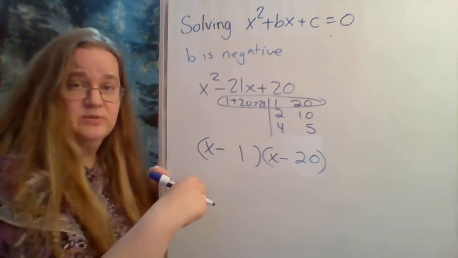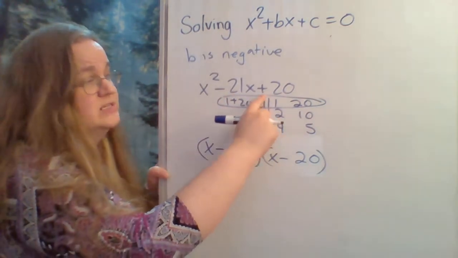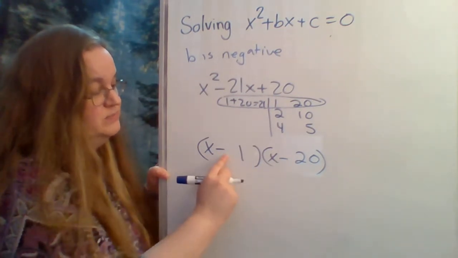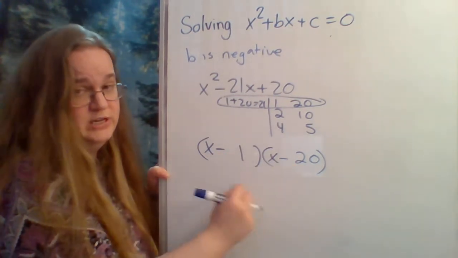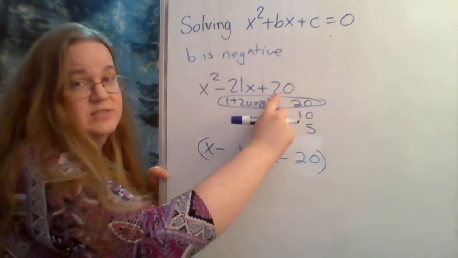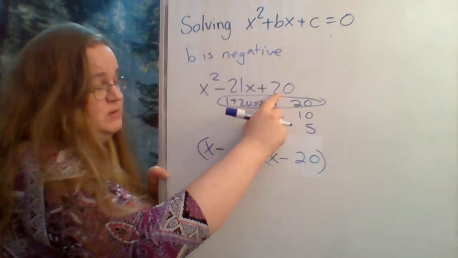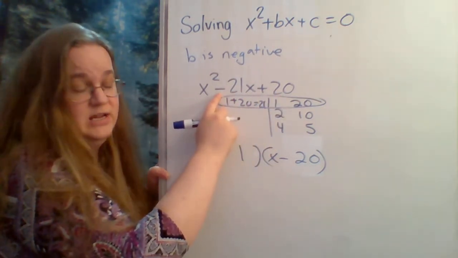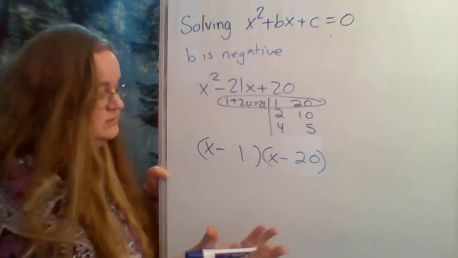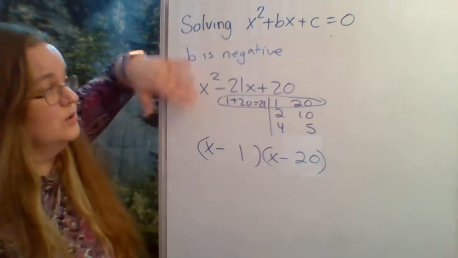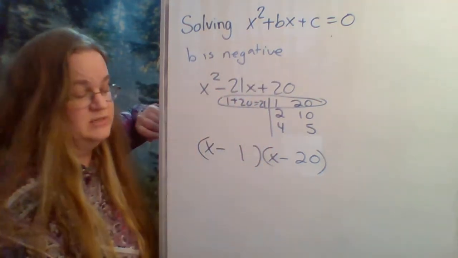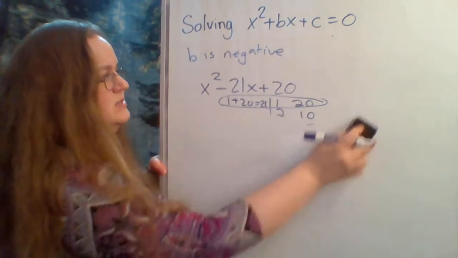Again, it's exactly like the ones I just did, but because this is minus, this is still plus, C is still positive, it's going to be minus minus, because a negative 1 times a negative 20 is going to be a positive 20. So that's how that's going to get to be positive there, and this has to stay negative because it's going to be like negative 20x minus 1x. And so that's the only way, if both of these are minus, that C is going to be positive and B is going to be negative. Okay, so let's take a look at another example.